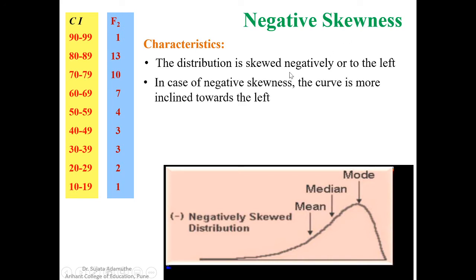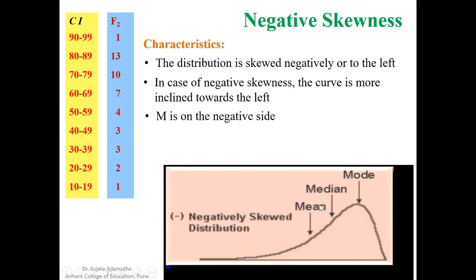The second characteristic is that in the case of negative skewness, the curve is more inclined towards the left. It is more inclined on the left side.